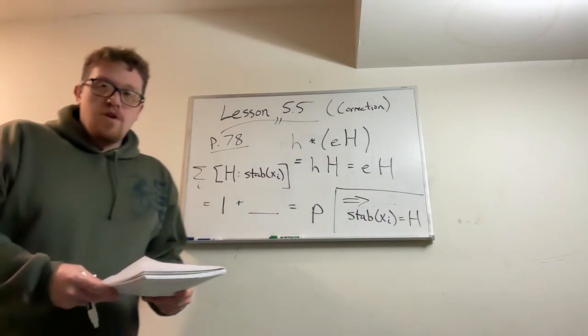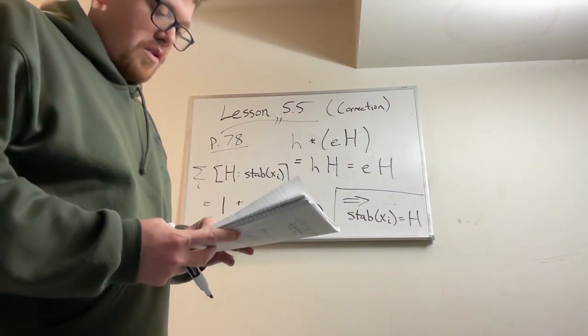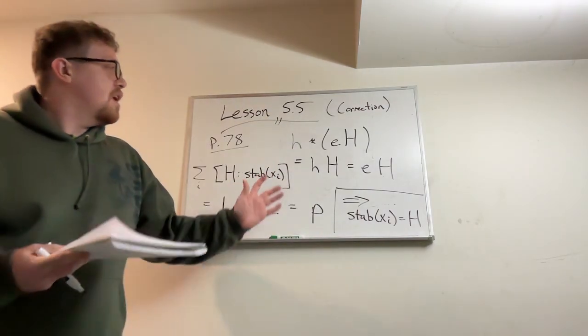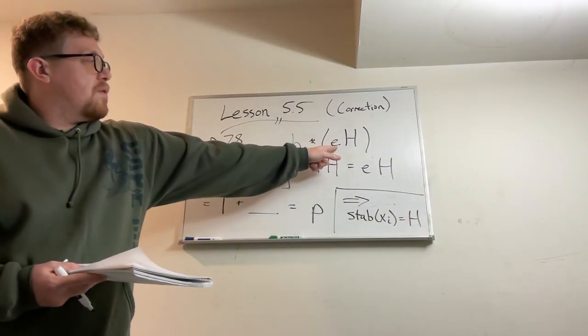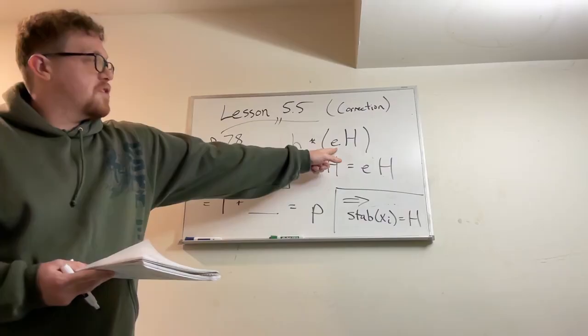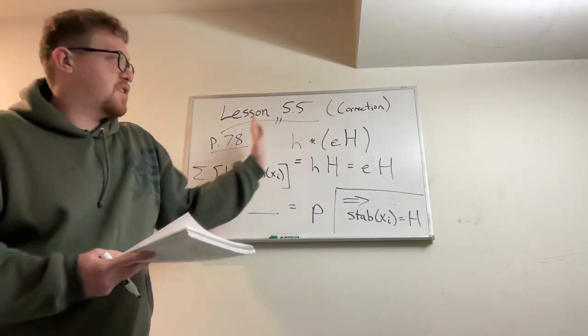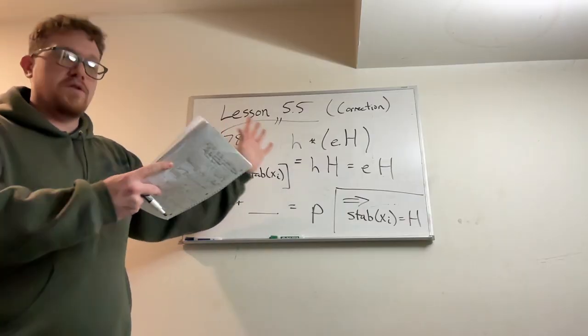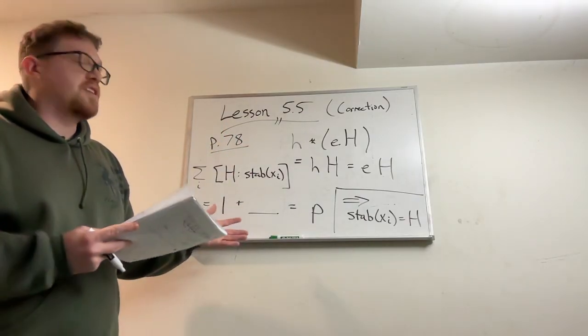Okay, and then we're going to use this to get the result that we want. The intuition here is that we're acting on the left by H. We want to pick the inverse of something as the representative, and then when we act by H, it's not going to change anything, so we'll just get the same thing back. And then we'll do a little quick algebra to show that actually what we showed is that H is normal.